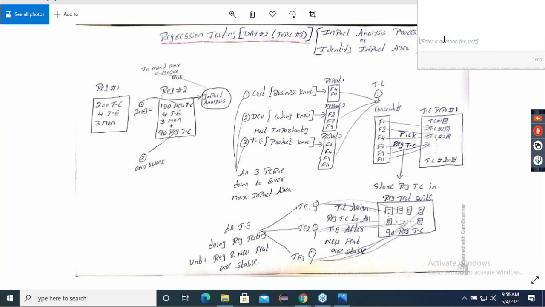Now, before you ask me any question, I'll summarize it. Listen carefully. Notes I'll give you for this whole diagram. Point number 1, in release number 1, there is no concept of regression testing because everything is new. In release number 2, whenever we get the new requirements, we have to do 2 things.